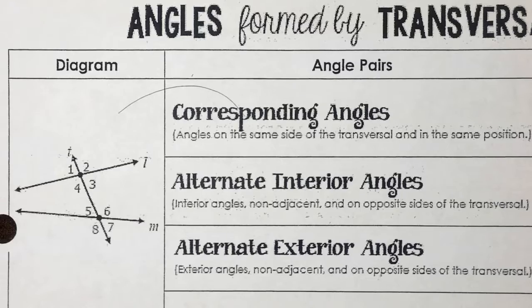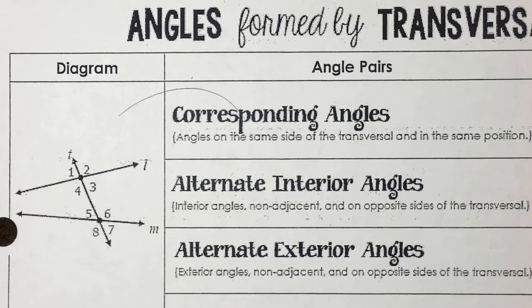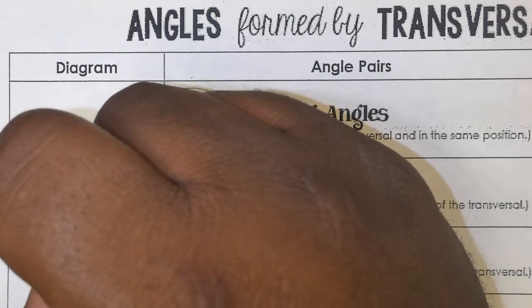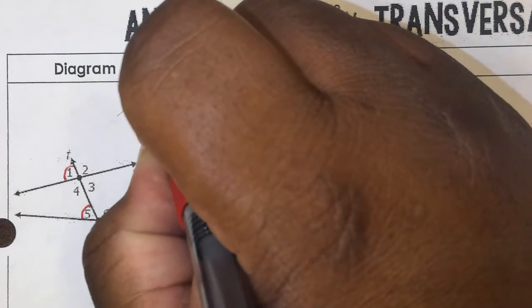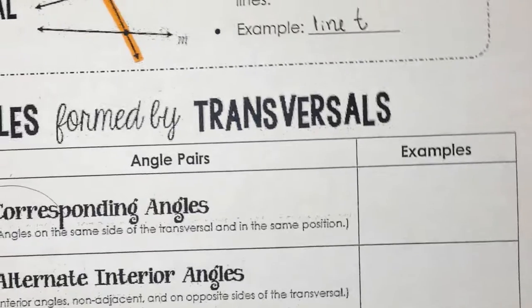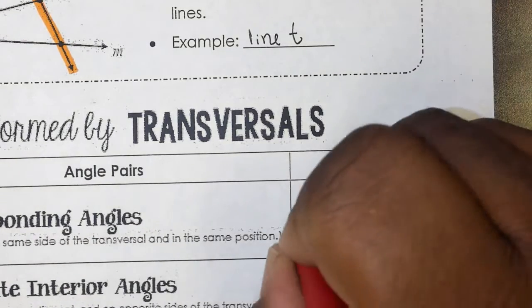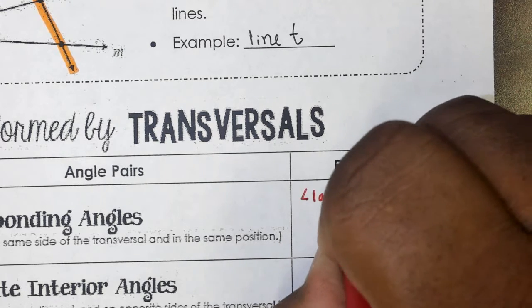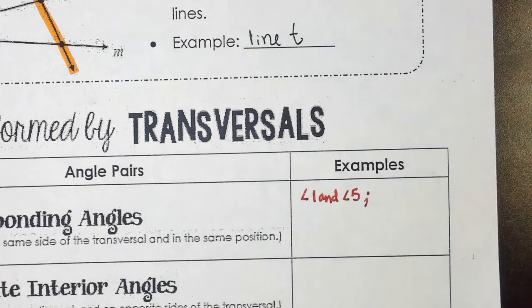I'm going to mark a pair of corresponding angles for you. A pair of corresponding angles would be angle 1 and angle 5. And I'm going to write those out to the side for you here too. Angle 1 and angle 5 would be a pair of corresponding angles.